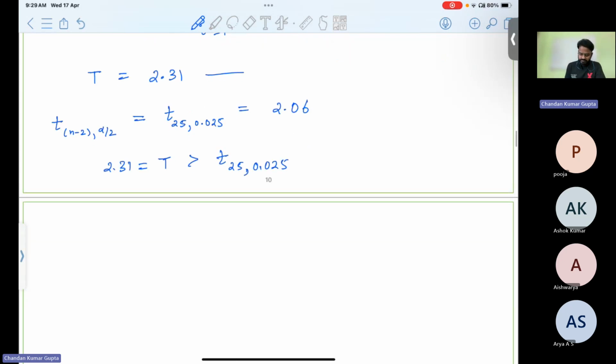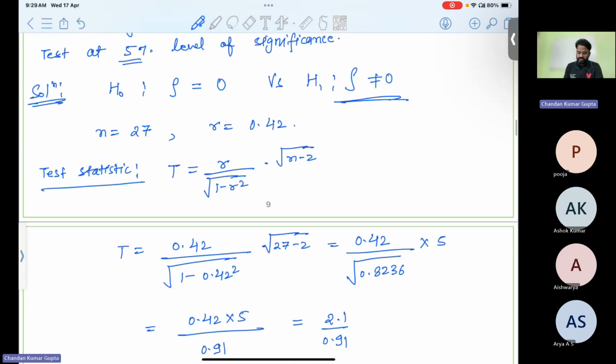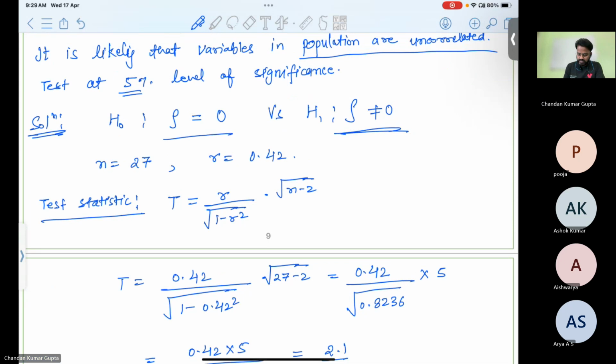This implies we reject the null hypothesis. That means our null hypothesis is this, and we reject it. This implies we accept the alternative. So that means there are correlations.